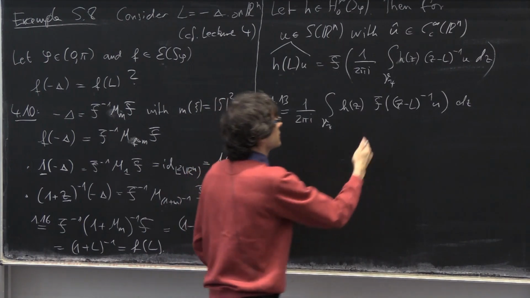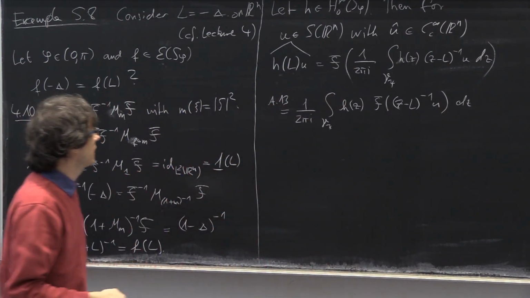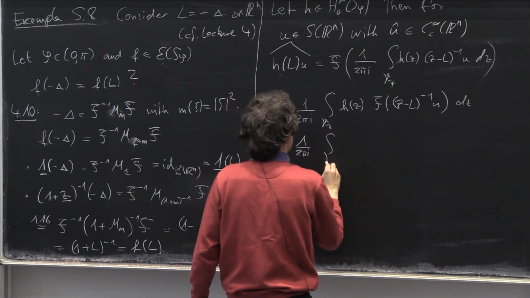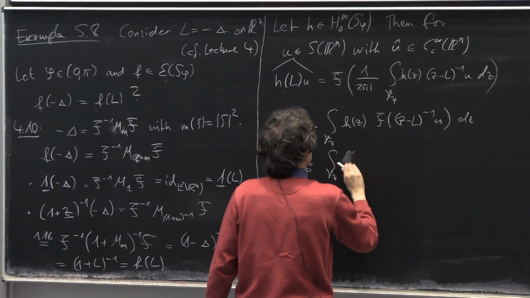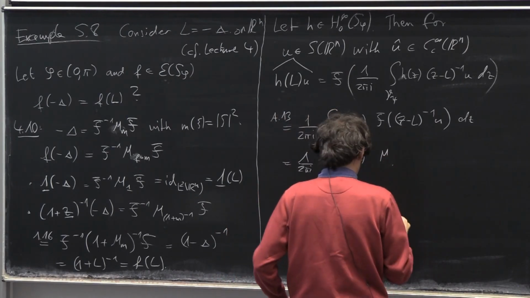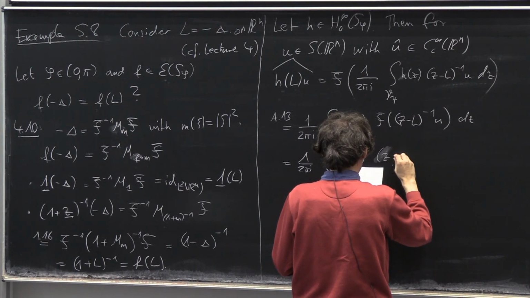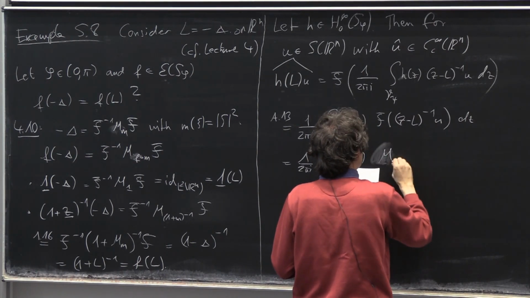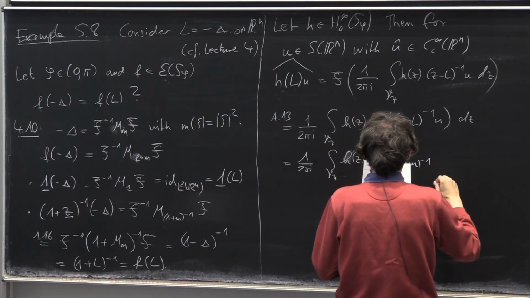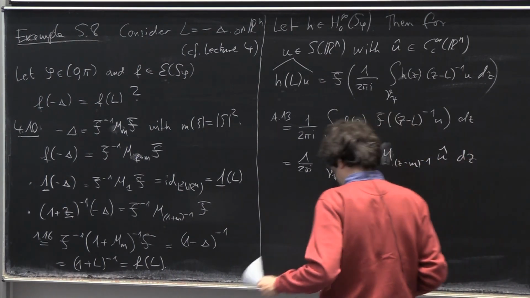because this we know in the functional calculus of our minus Laplace operator from the last lecture. So this is 1 over 2 pi i, integral over gamma psi, h of z, and then this gives you the multiplication operator with (z minus m)^(-1) applied to the Fourier transform of u.